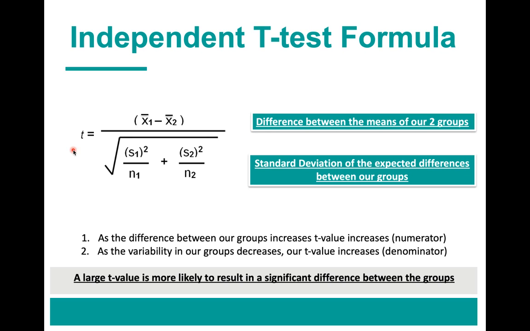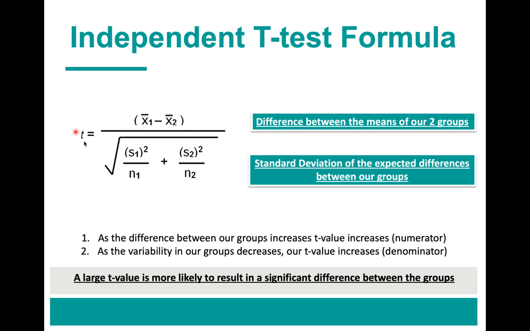The smaller the t-value, the smaller the difference between our groups, and the more sort of normal that difference looks, such that a large t-value leads us to conclude that the groups differ, and a small t-value leads us to conclude that the groups do not differ.